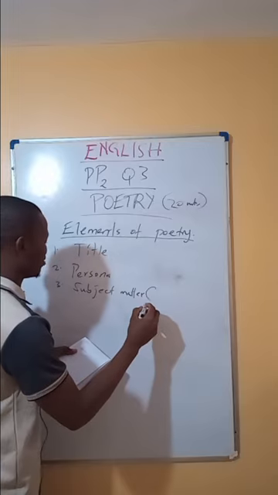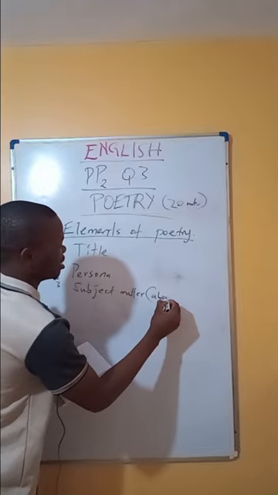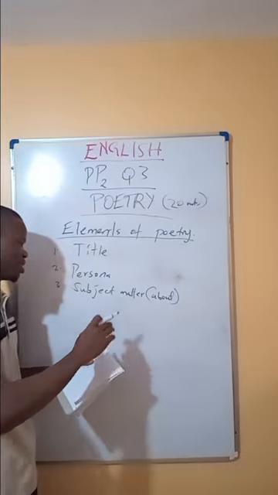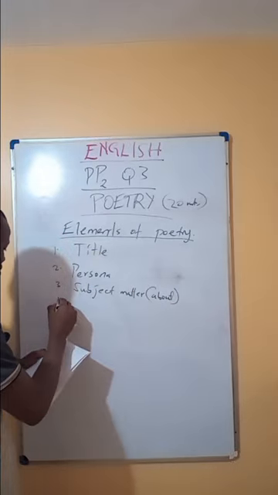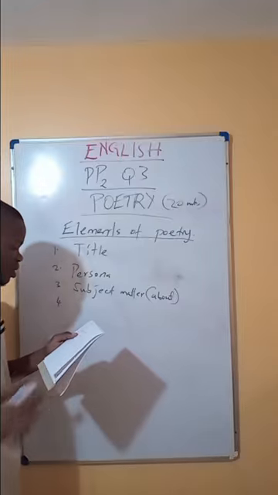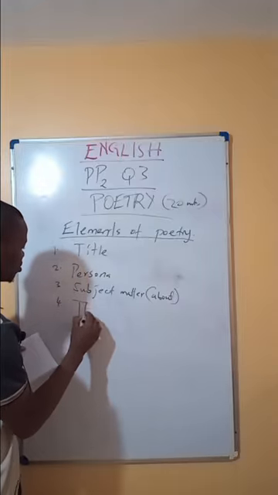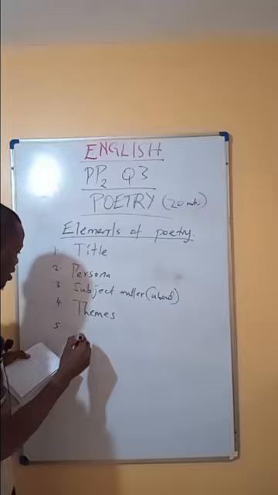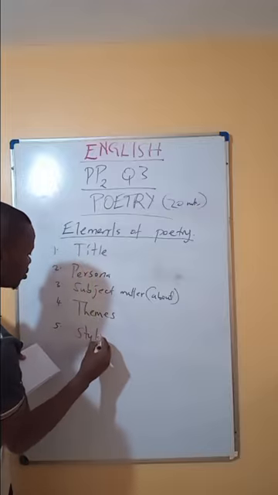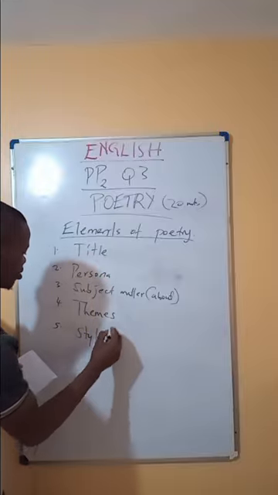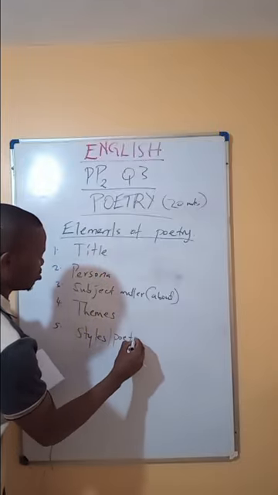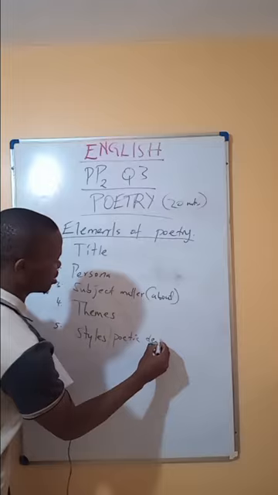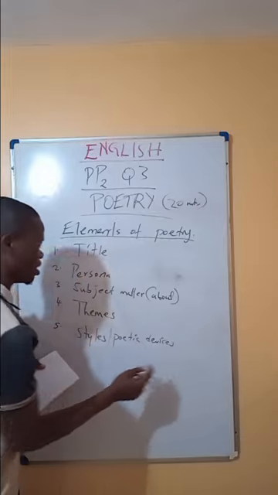Sometimes we refer to it as about. They ask you, what is the poem about? We talk about the subject matter. Number 4, we talk about the themes. Number 5, we talk about the styles. Here we can also say poetic devices or stylistic devices, no problem.